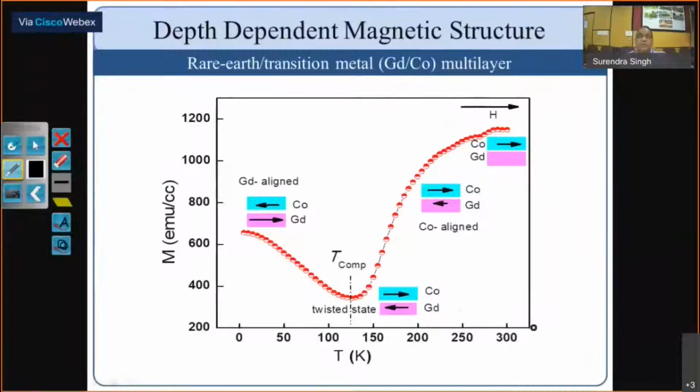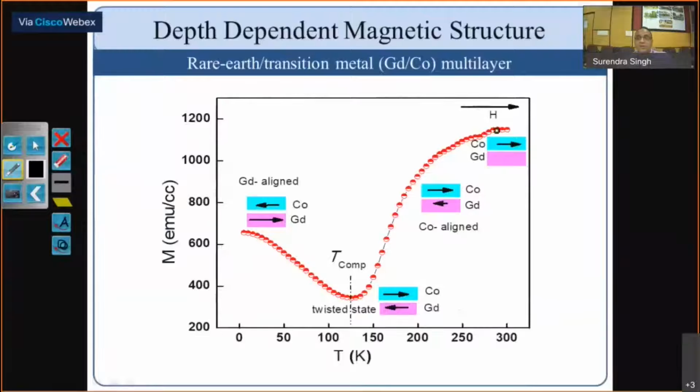polarized neutron reflectivity. One of the systems which we have studied is a rare earth and transition metal, Gd cobalt multilayer. Gd is the rare earth and cobalt is the transition metal. Gd is ferromagnetic with TC around 273 K, and cobalt is ferromagnetic at room temperature with a higher TC, more than 1000 K. If you see the literature and measure the magnetization as a function of temperature, the typical magnetization we get looks like this.